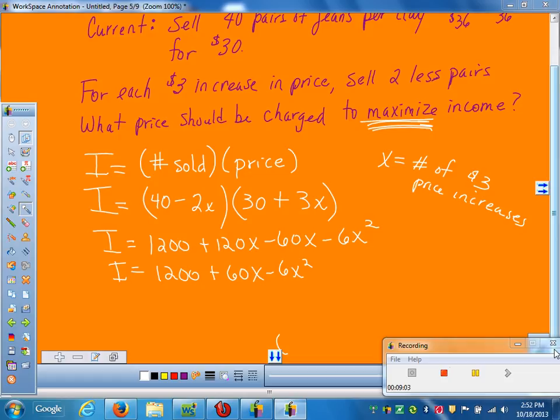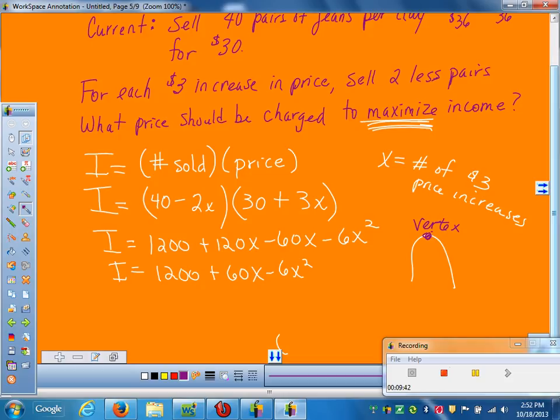It's negative. This is a parabola going down. So therefore, where's the maximum going to be? At the top, which we call the vertex. Anytime it says maximize or minimize, it means find the vertex. So all you have to do is find the vertex, and it'll tell you what you should do.